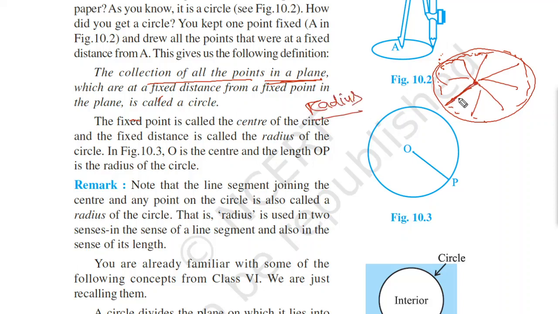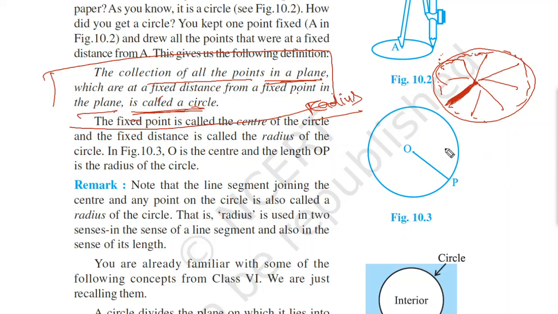This is your definition, please write it down. The collection of all the points in a plane which are at a fixed distance from a fixed point in the plane is called a circle, and this fixed distance is called the radius.